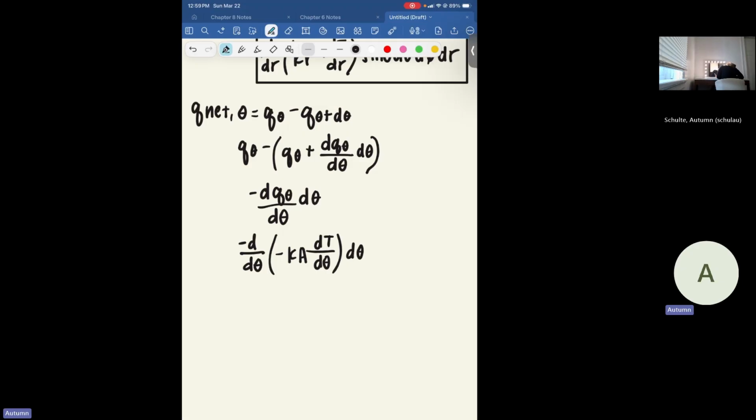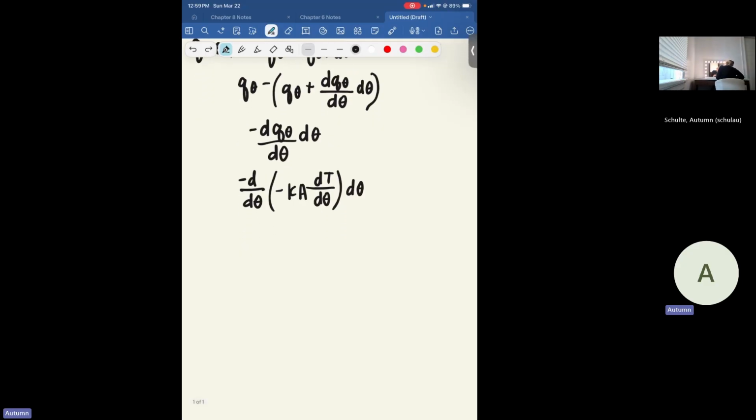times d theta. And you'll notice that we have these derivatives with respect to a position, not an angular change. So we're going to have to change this to be an r d theta.